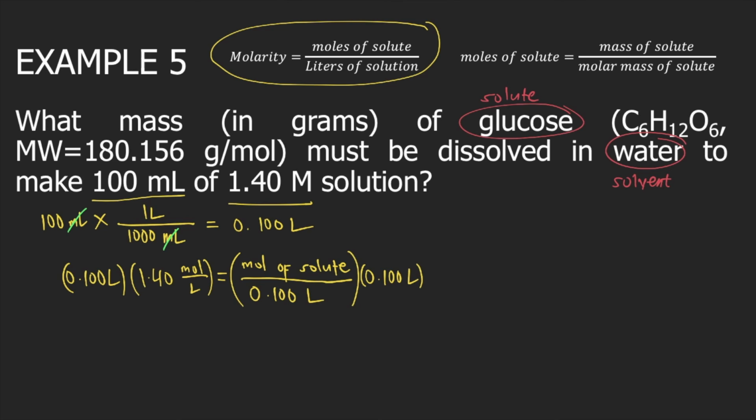So 0.100 liters will cancel on the right side, and what remains on the right side is moles of solute. And on the left side, you have 0.100 liters times 1.40 moles per liter. So liters will cancel, and the remaining unit is moles.